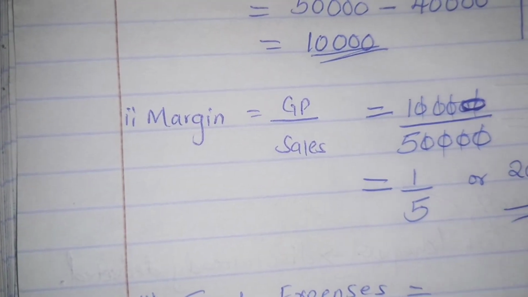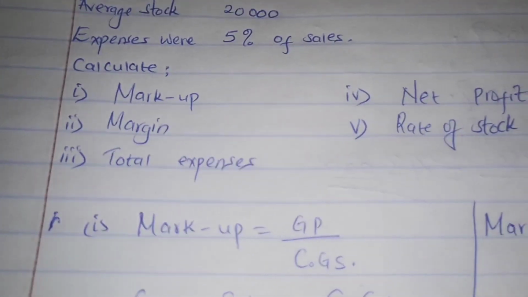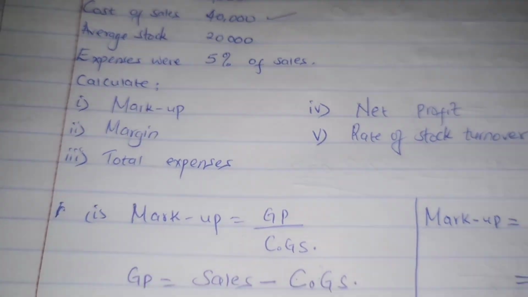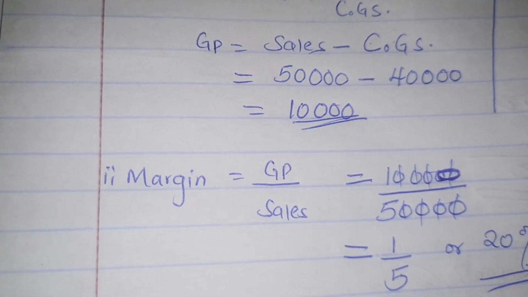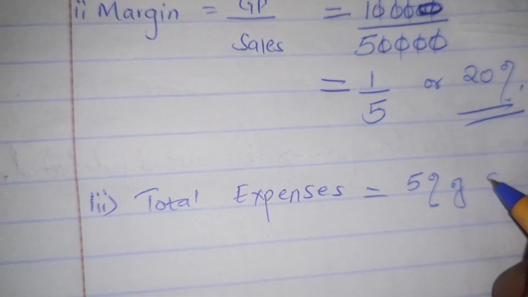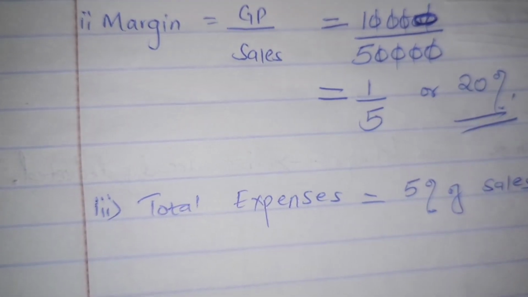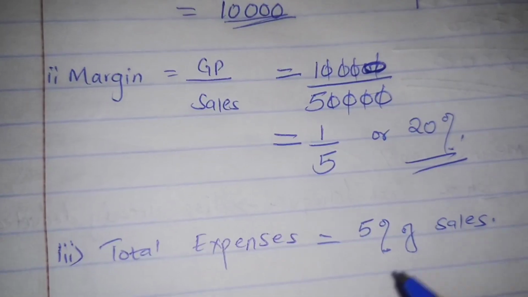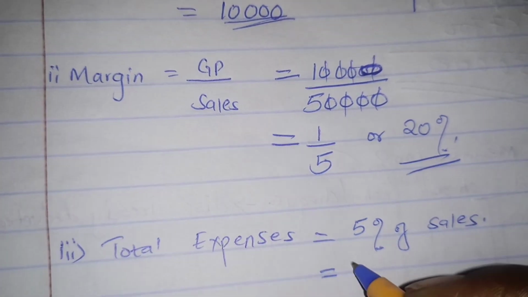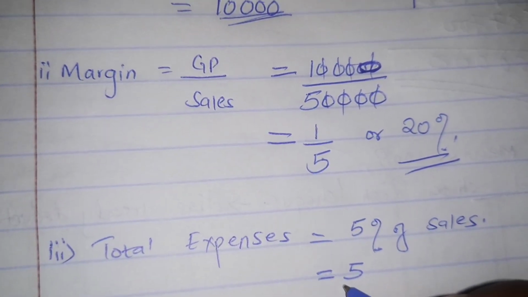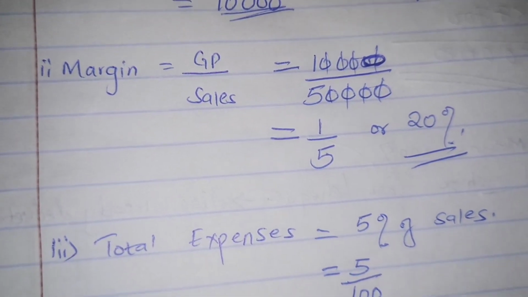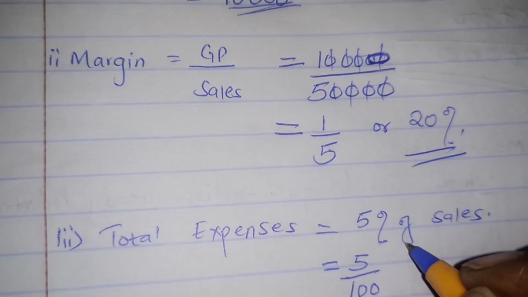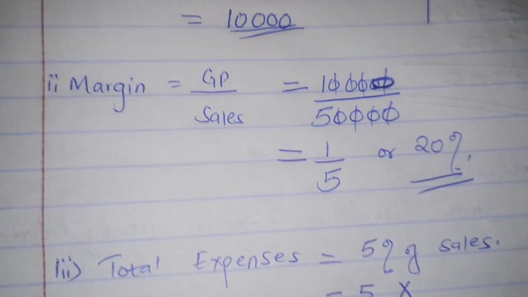And from the question, we are told total expenses amounted to 5% of sales. So what is 5% of sales? 5% written as a fraction is the same as 5 divided by 100, and of means multiplication.